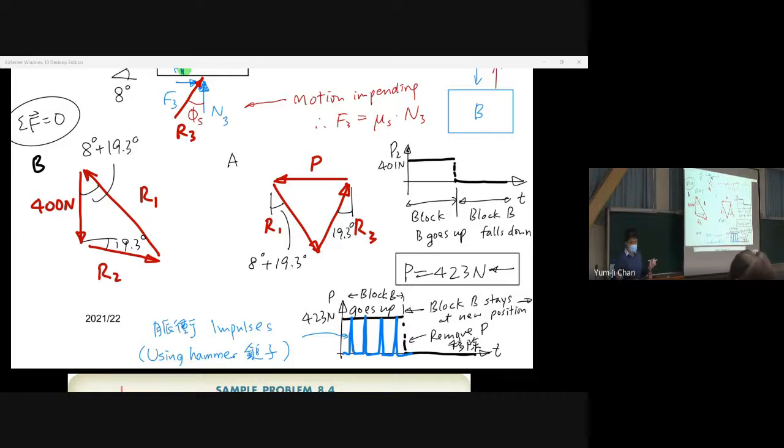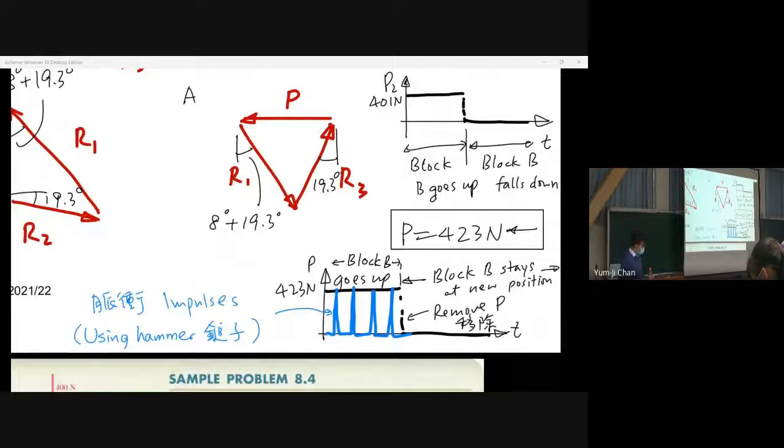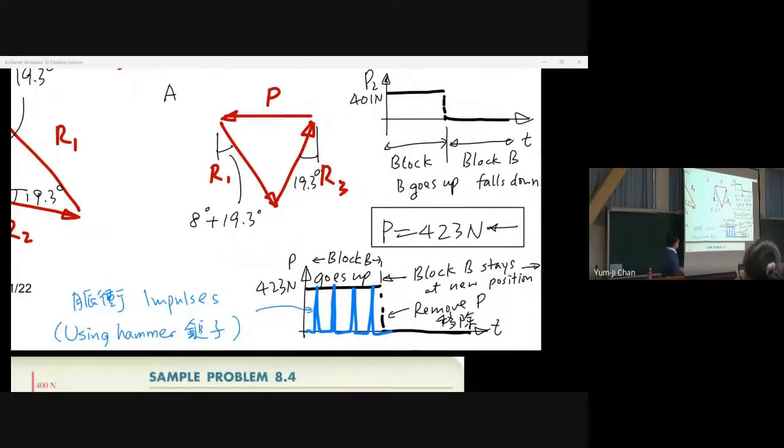After you draw this, please go to the next page, problem 8.59. Take your time to draw the figure.